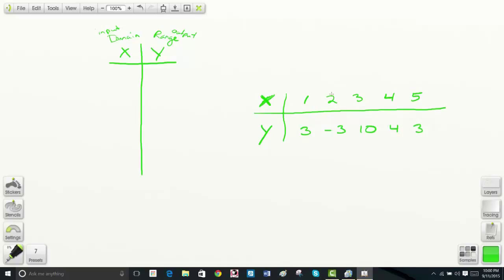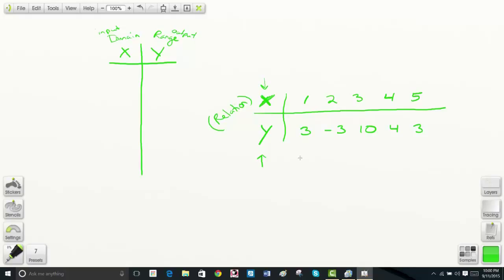We can have any combination of numbers, but I'm describing this as a relationship between two sets of numbers. The top set is the domain or the input, and the bottom set, Y, is the output or the range of numbers. That is our second way of describing sets of numbers.